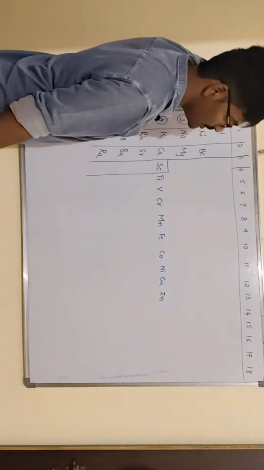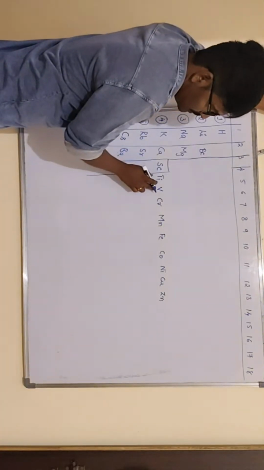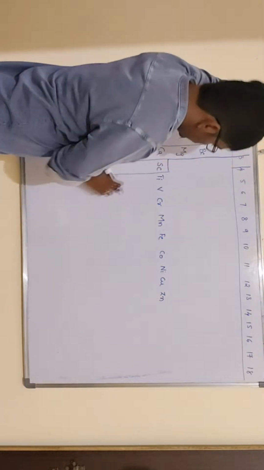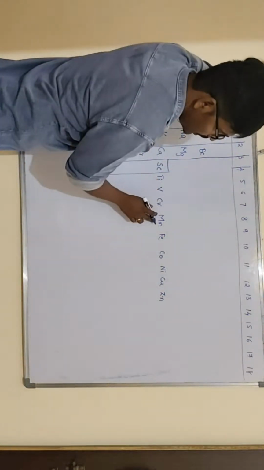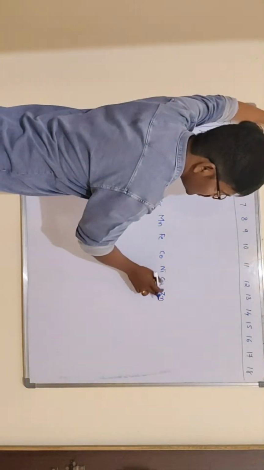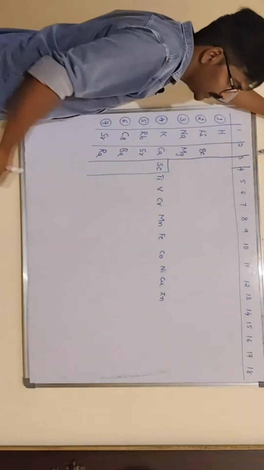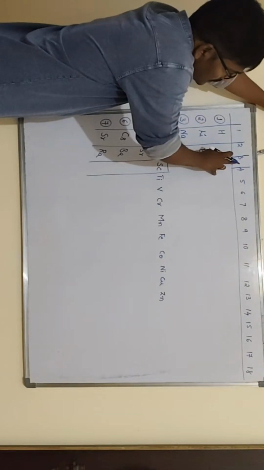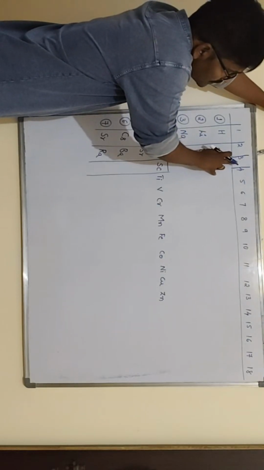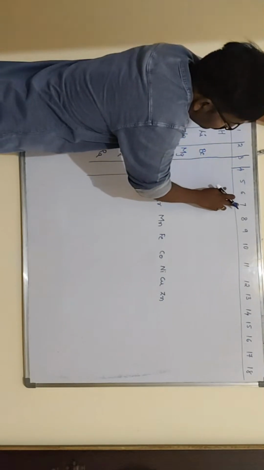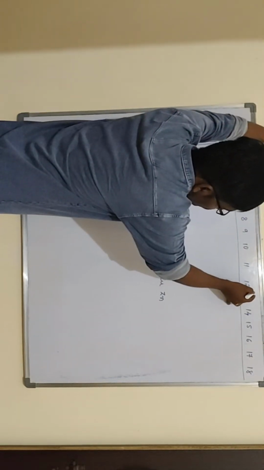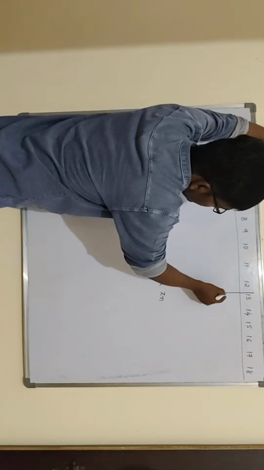So 10 elements are arranged like this: scandium, titanium, vanadium, chromium, manganese, iron, cobalt, nickel, copper, zinc. 1, 2, 3, 4, 5, 6, 7, 8, 9, 10. So from group 3 onwards, up to group 12, it is 10 elements.